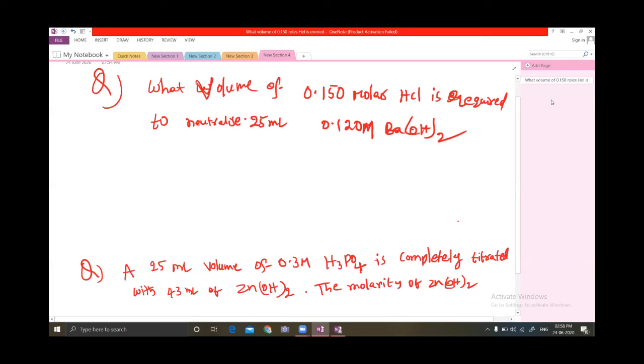Understood? Can you check here? Volume equal to how much will we get? V equal to 0.120 into 2 into 25 by 0.150. I think we are getting 40 ml. Is it correct or not? Check the calculations.